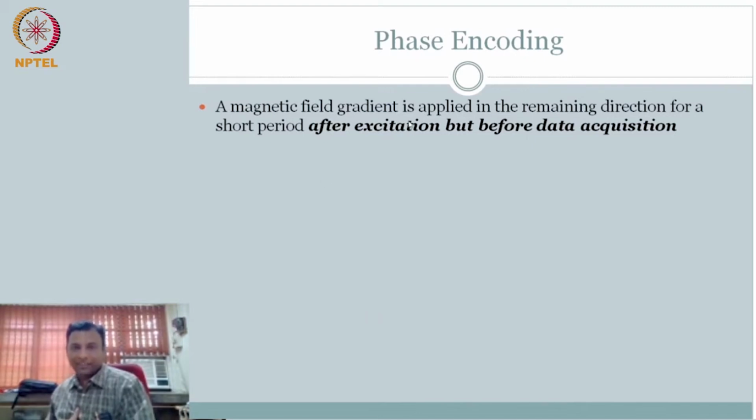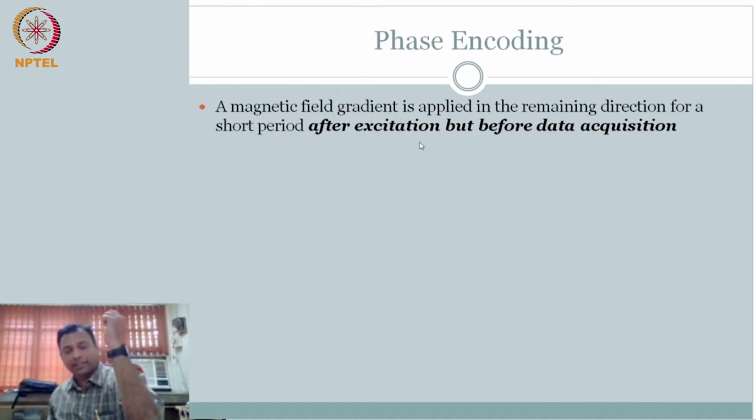So let's look at what phase encoding is. A magnetic field gradient: we exploited GZ, which was called slice selection, and GX, which was called readout or frequency encoding. Now you are exploiting the other direction, GY. The magnetic field gradient is applied in the remaining direction, in our case GY. Importance is when you are applying it. You are applying it after excitation.